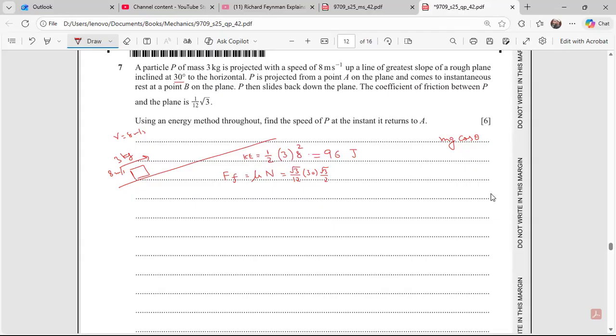Okay, so this all is simplified into 3 into 30 over 2 into 12. So it is going to be 3.75 Newton. Okay, so the frictional force is this much.